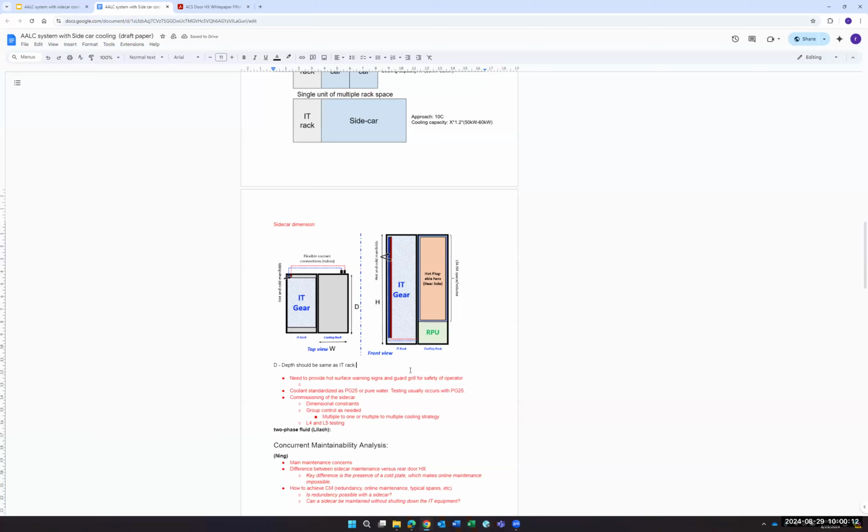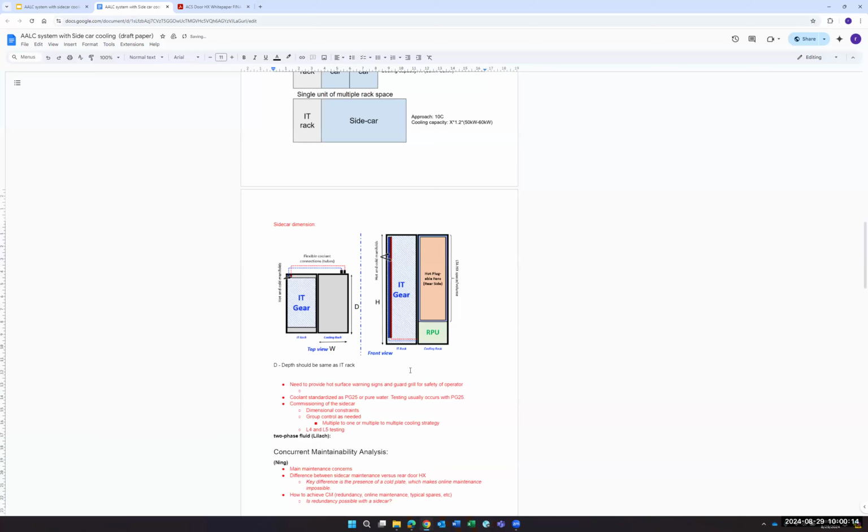Sorry, IT rack. Yeah, I would do the depth and the height as OpenRack v3. And when you're presenting it, say that you could squeeze a little bit of height out of this. Gotcha.